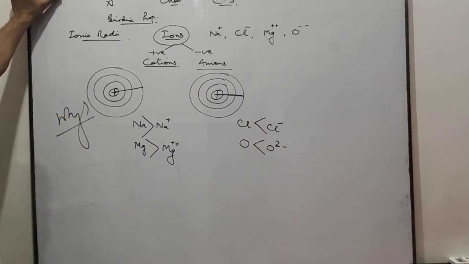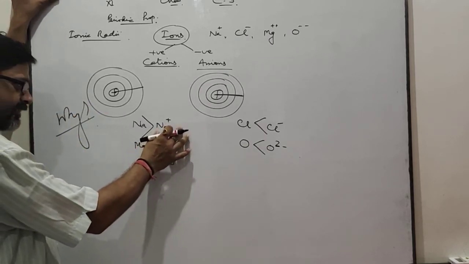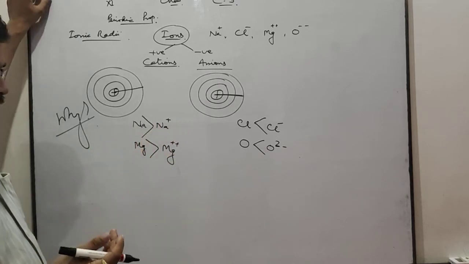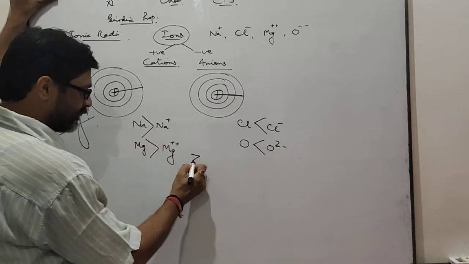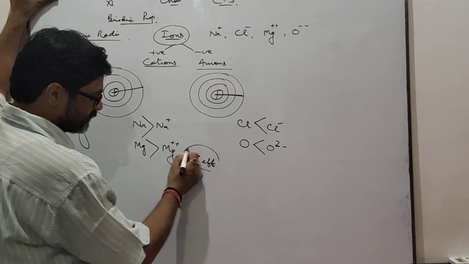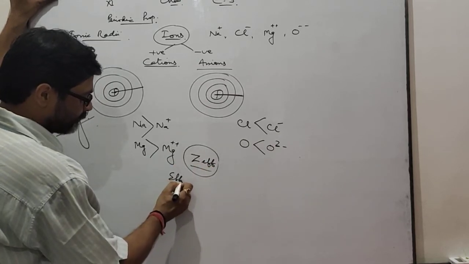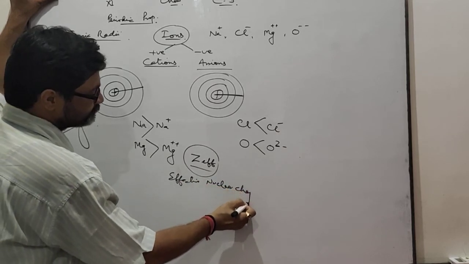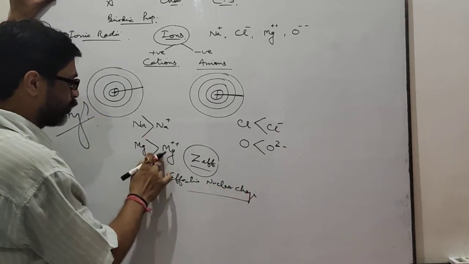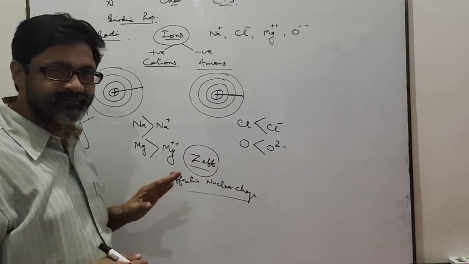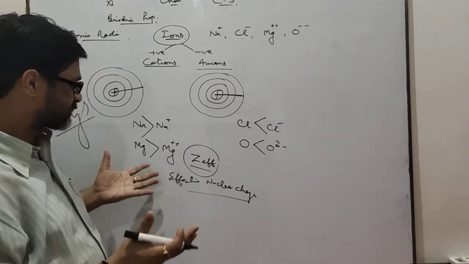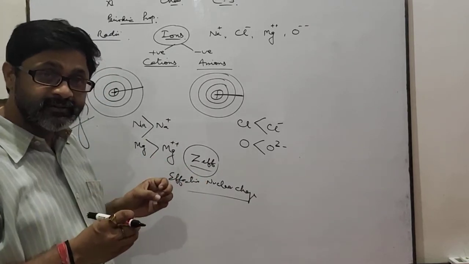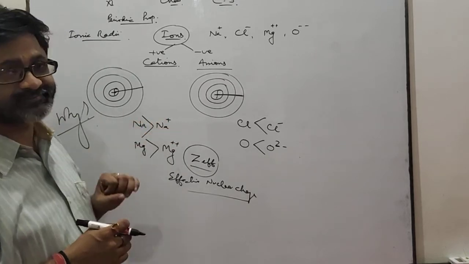This is due to the effective nuclear charge. What is this? This one is effective nuclear charge. When an atom loses an electron, the effective nuclear charge increases and hence the atomic size decreases.